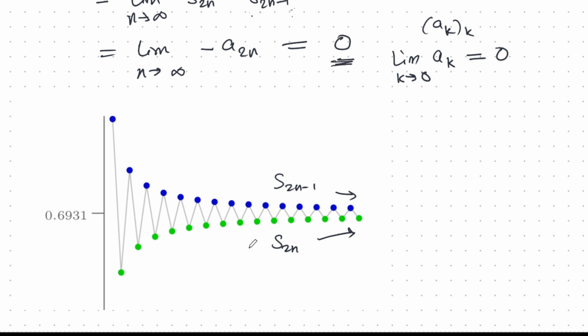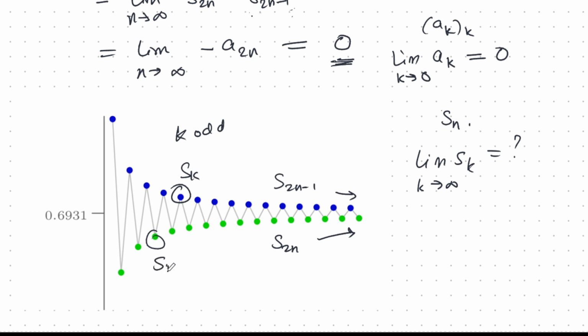Okay. And furthermore, what is the limit of Sn as n goes to infinity? Let's just call it k, just to disambiguate this. If k is odd, then S_k is going to be up here somewhere. If k is even, then S_k is going to be down here.